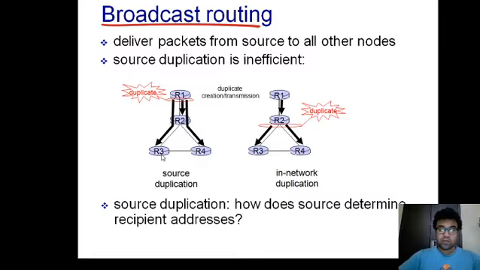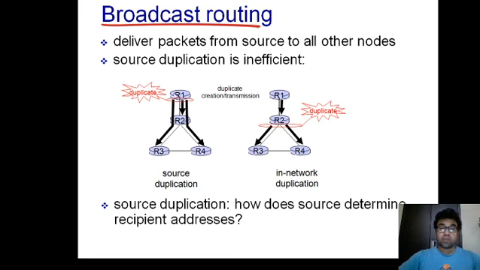If this is a simple network which has 4 nodes, and this router has to send information to all the nodes in the network, what can this router do? Router 1 will create 3 duplicate packets, one for R2, one for R3, and one for R4, and it will unicast those 3 packets to the different destinations present in the network.